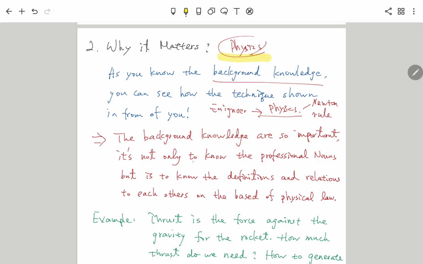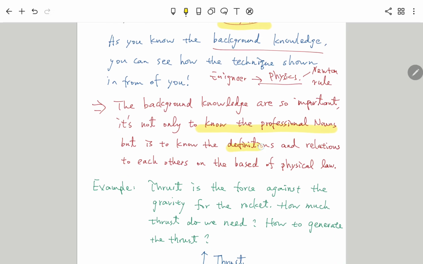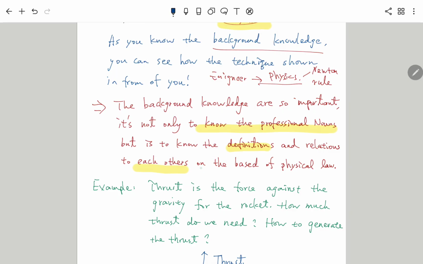It's not only to know the professional nouns, but it's also to know the definitions and the relations to each other. I mean, each other here includes the subsystems in engines, for example.